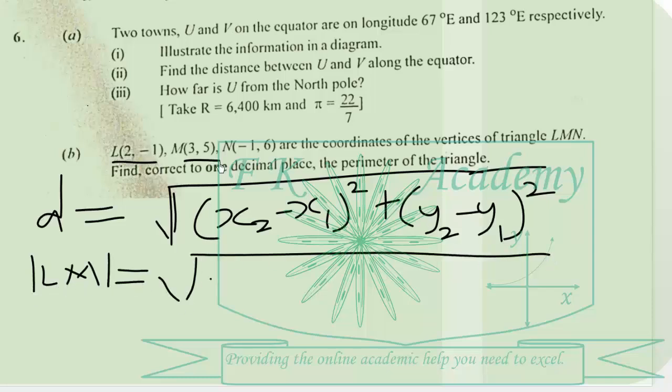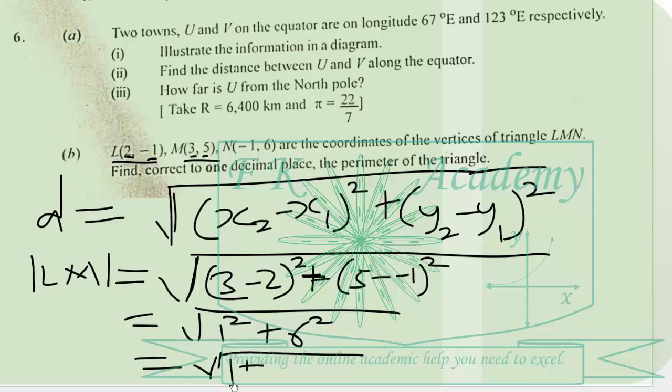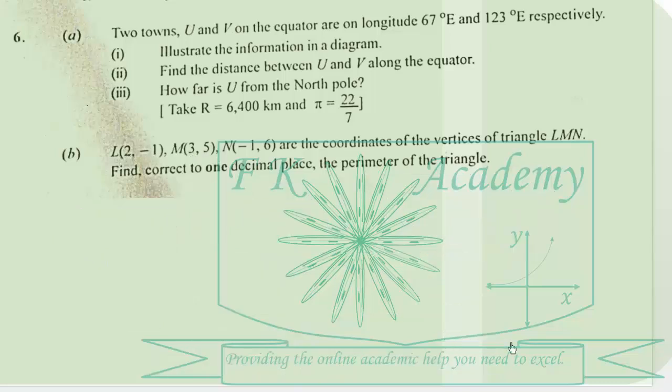With LM, we have 3 minus 2 all squared plus 5 minus negative 1 all squared. We simplify this to obtain 1 squared plus 6 squared, which is square root of 1 plus 36, which is root 37. Then we have LN, the magnitude of LN.